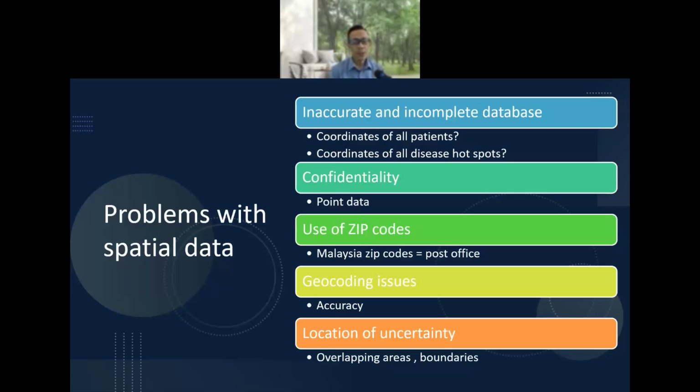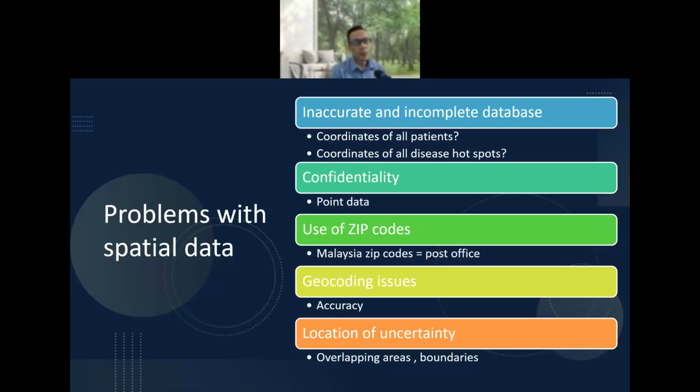So the spatial distribution will be biased, because we are lacking 20% of the cases.